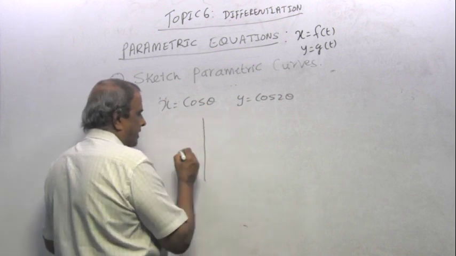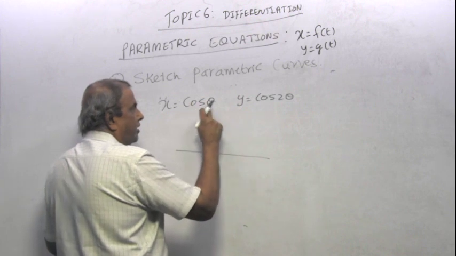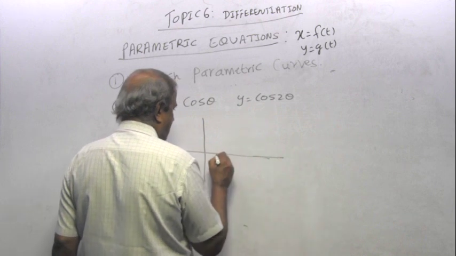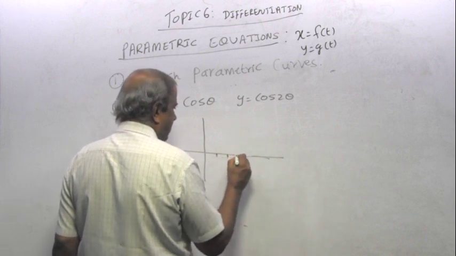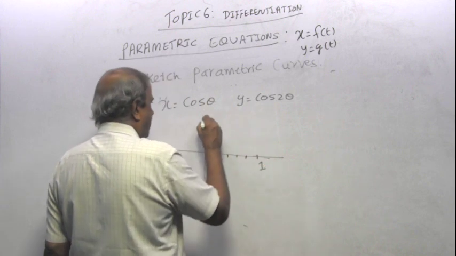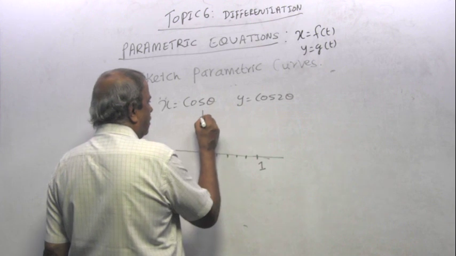So at theta equal to 0, x is 1, y is 1. Do you realize that? See, biggest x is 1, biggest y is also 1.